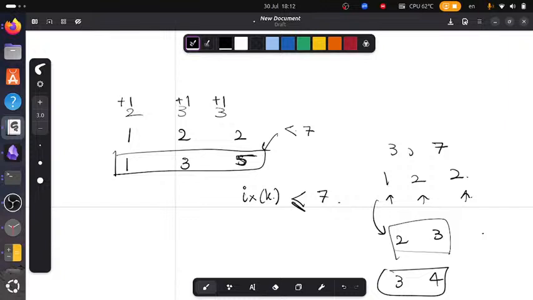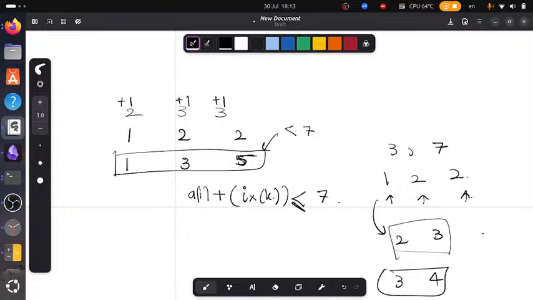So a of I plus I times k number of days is smaller than or equal to 7. And this becomes what?